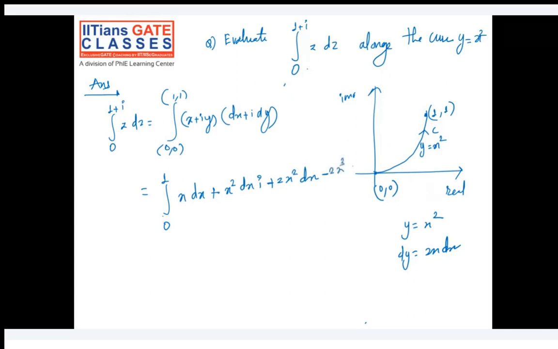I hope you understood this entire equation. What I'm doing is replacing y with x square and dy with 2x dx.